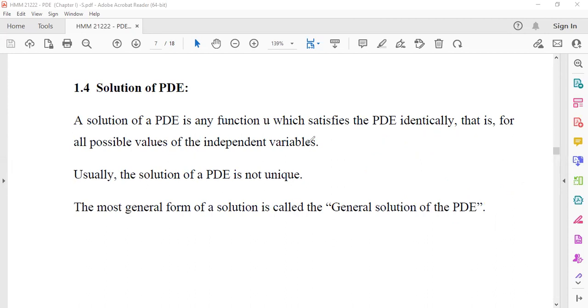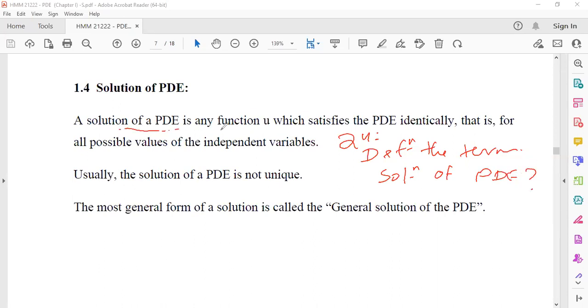Sometimes they may ask, define the term. So write down this question and find the answer. Define the term solution of a PDE.